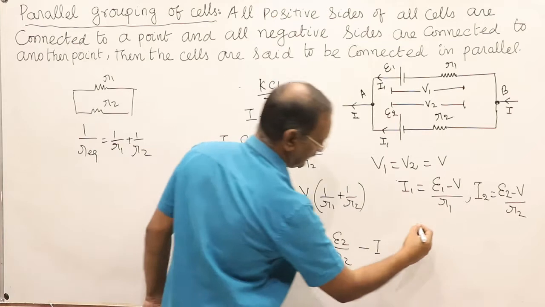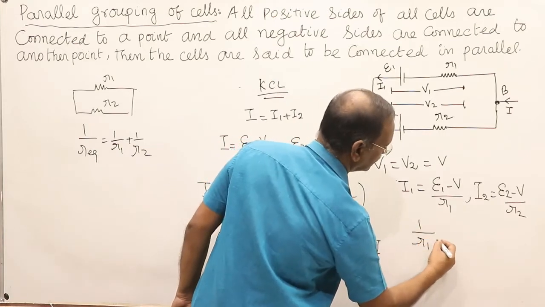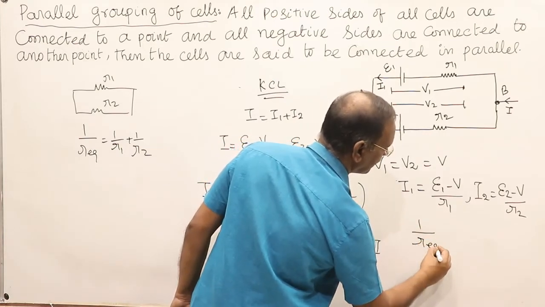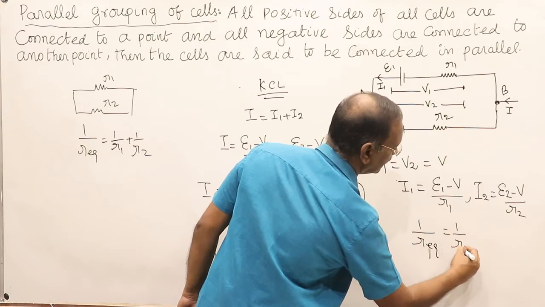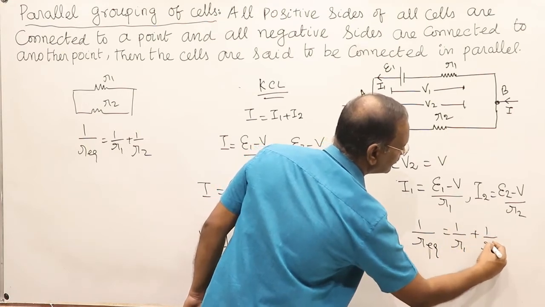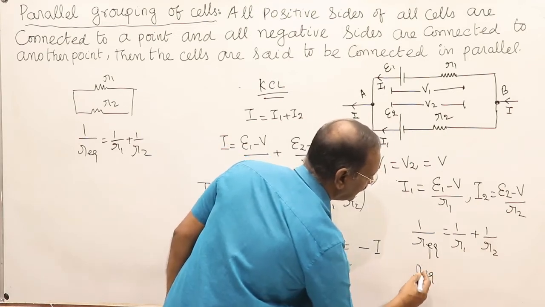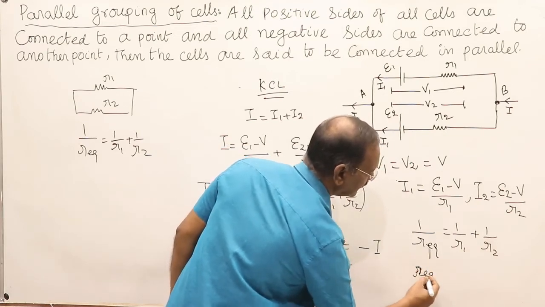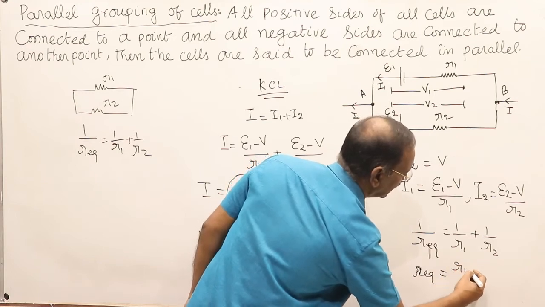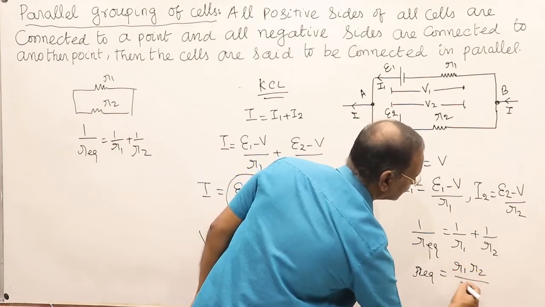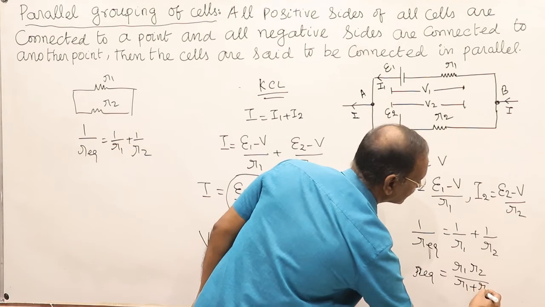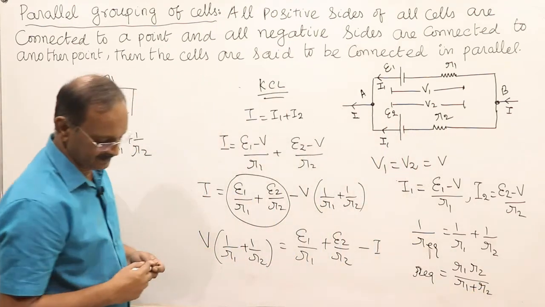We can write R equivalent is equal to R1 R2 by R1 plus R2. We can write both this way.